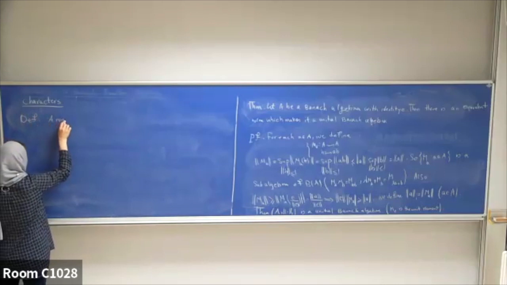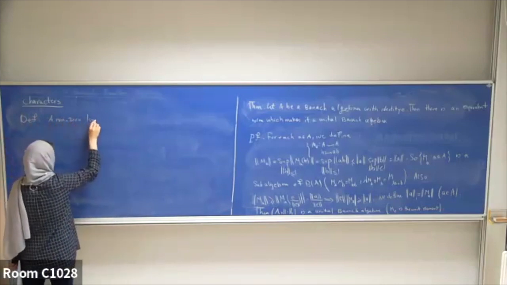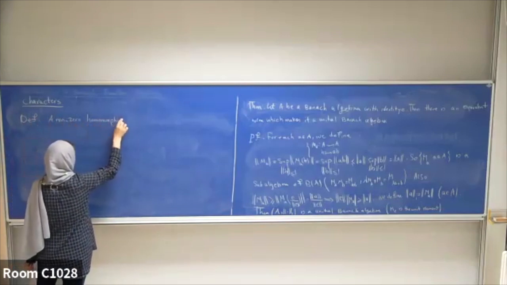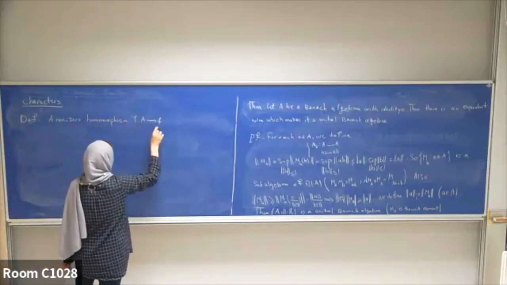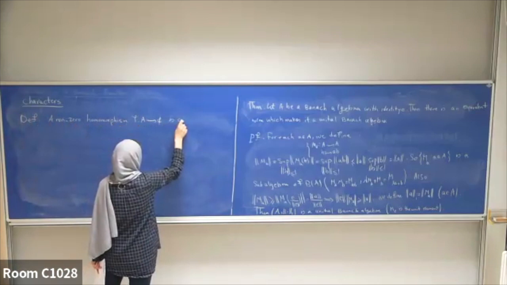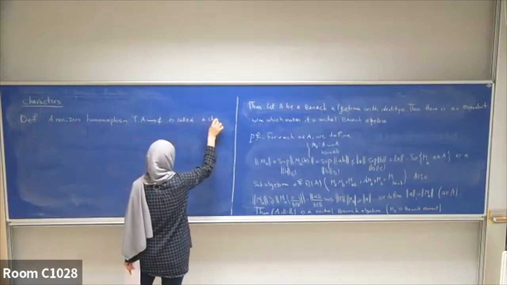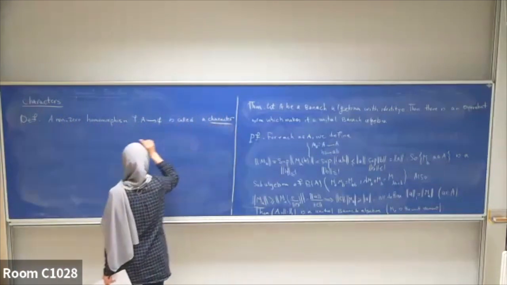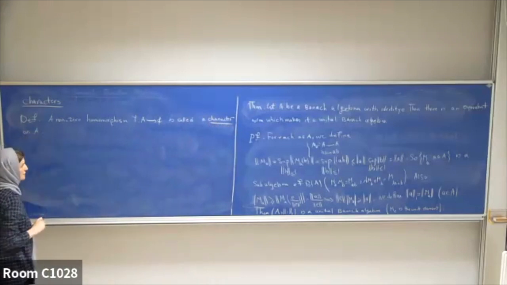A non-zero homomorphism like phi from A to C is called a character on A.